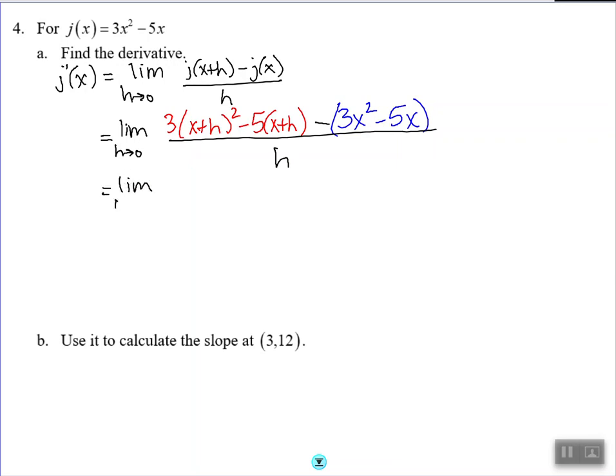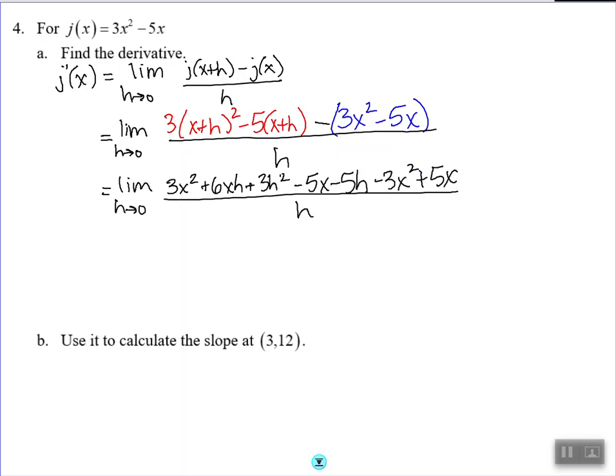So I have the limit as h approaches 0 of 3x squared plus 6xh plus 3h squared minus 5x minus 5h minus 3x squared plus 5x all over h.